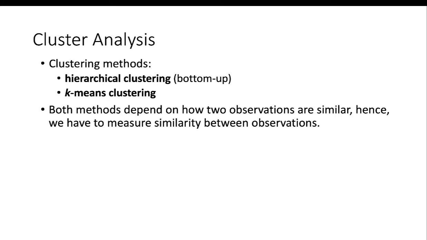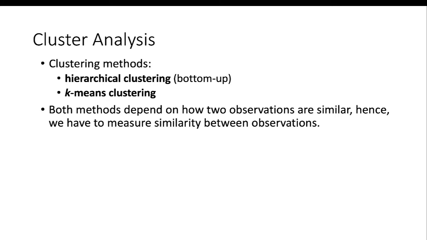There are two clustering methods. The first method is hierarchical clustering. It starts with each observation belonging to its own cluster, and then sequentially merges the most similar clusters to create a series of nested clusters. That's why it's also called the bottom-up approach.